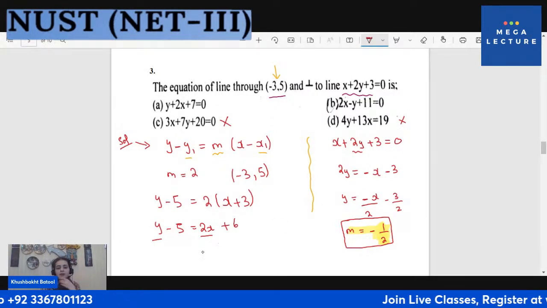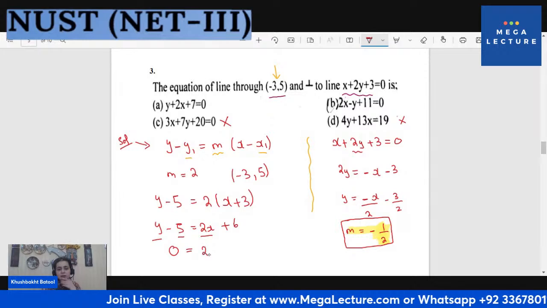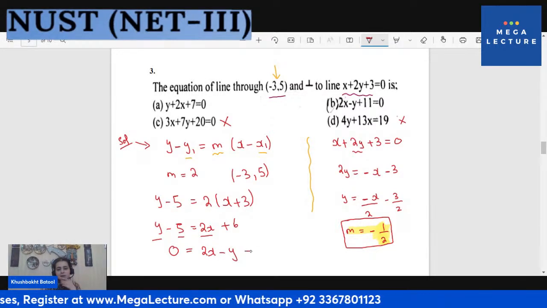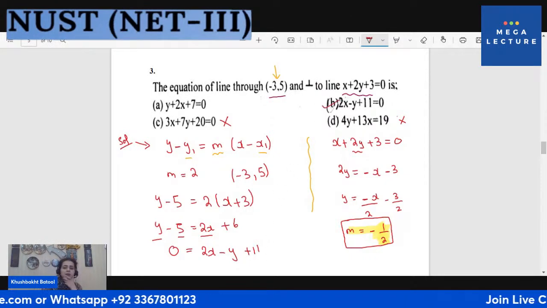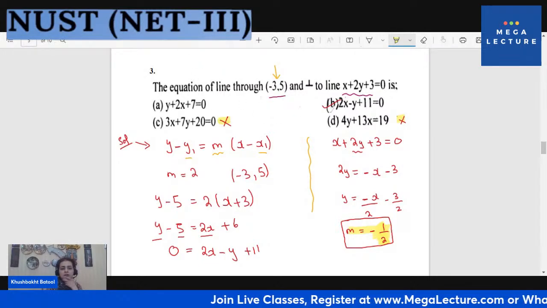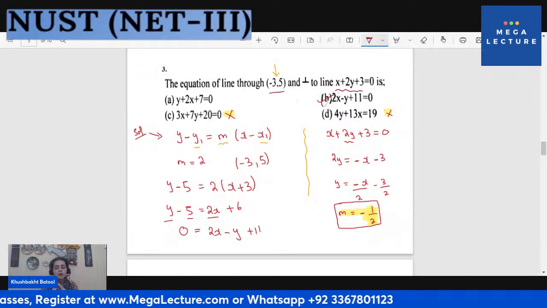Let's simplify it further. So I can make a 0 here by taking y and minus 5 to the other side. 2x minus y plus 6 plus 5 would give me plus 11. And now the answer is clear. The answer is going to be B. This step and this step was important. I do such things just so the students are clear about the idea that in any exam you would only be working on MCQs.